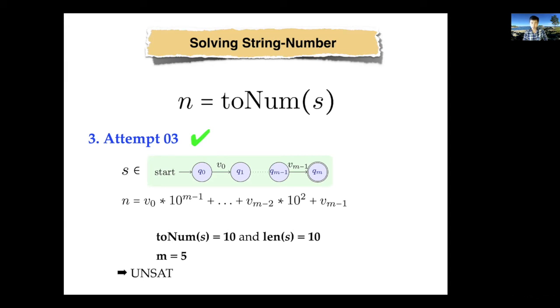But actually, the constraint should be sat because we do have the value of S equal to 0, 0, 0, a lot of 0, and then we have a 10 in the end.